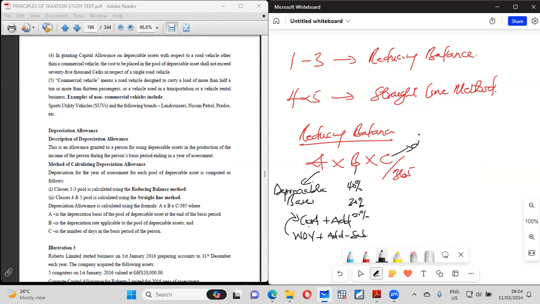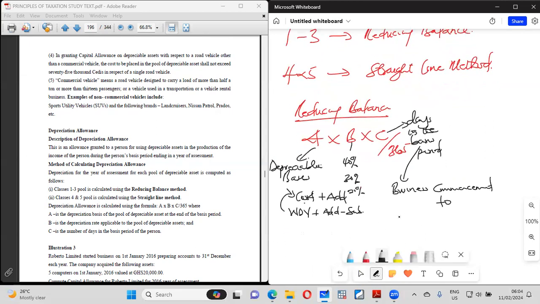That is, you have to look at the business commencement, the number of days from the day the business commenced to the end of the basis period in the year of assessment.